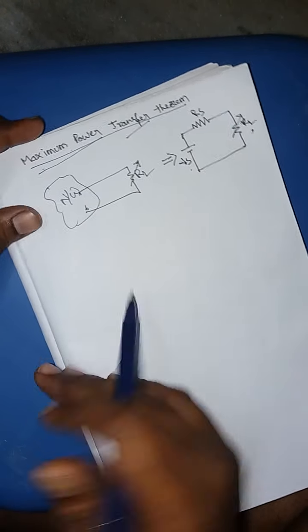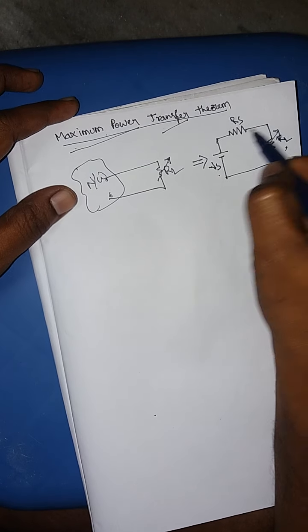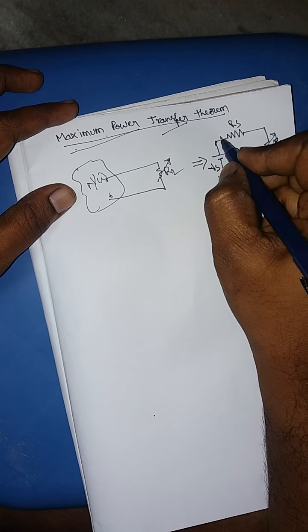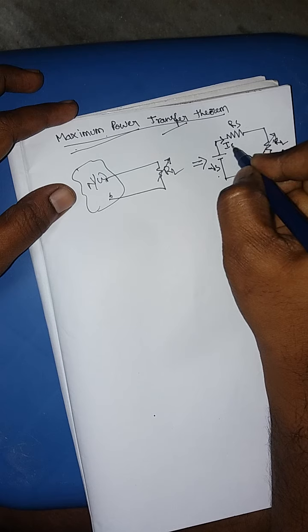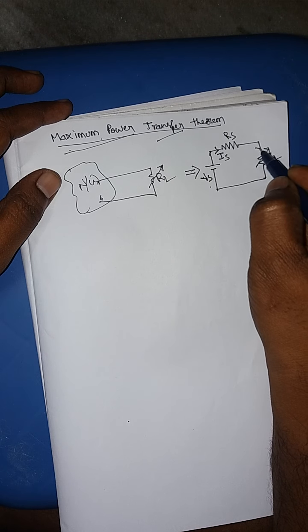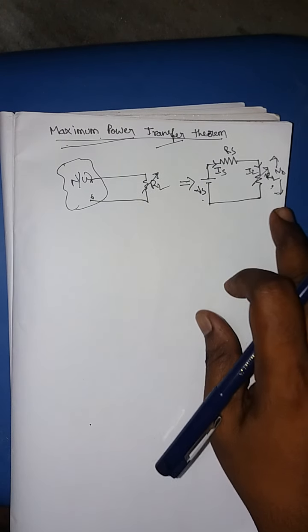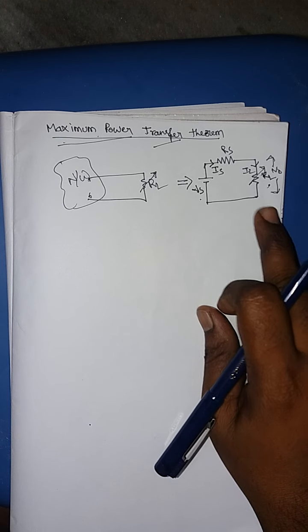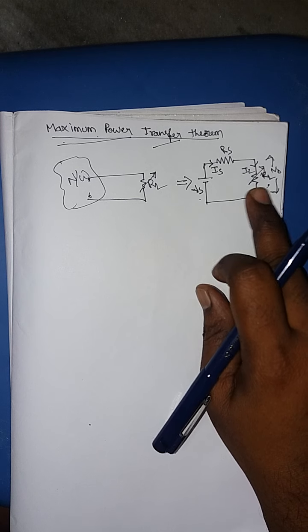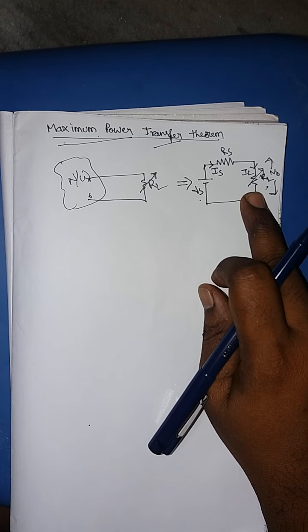So first we take the same example, the same network. Here let Is be the source current and IL the load current. V0 is the voltage across the load, RL is the variable resistor, and IL is the load current.